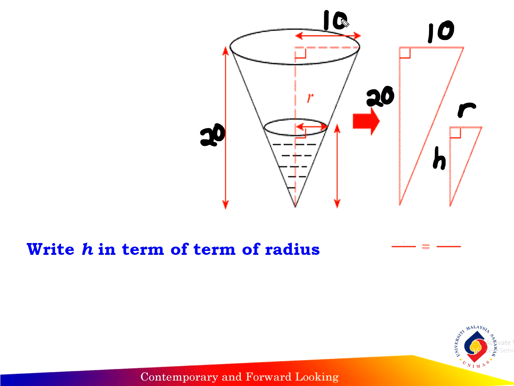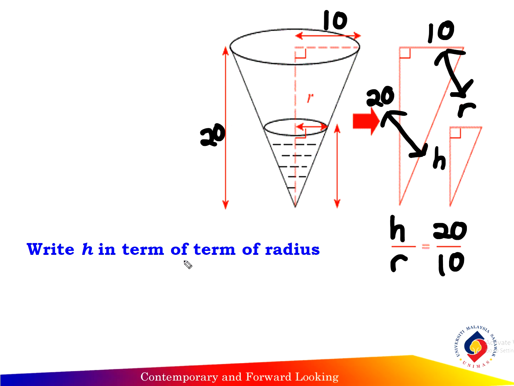And first you compare the height of the inverted cone and the radius of the inverted cone with the height and the radius of the water. First, the height of the inverted cone: you draw the left hand side here, the h, and you compare with the 20 centimeters. And second, the radius, you compare with the 10 centimeters.